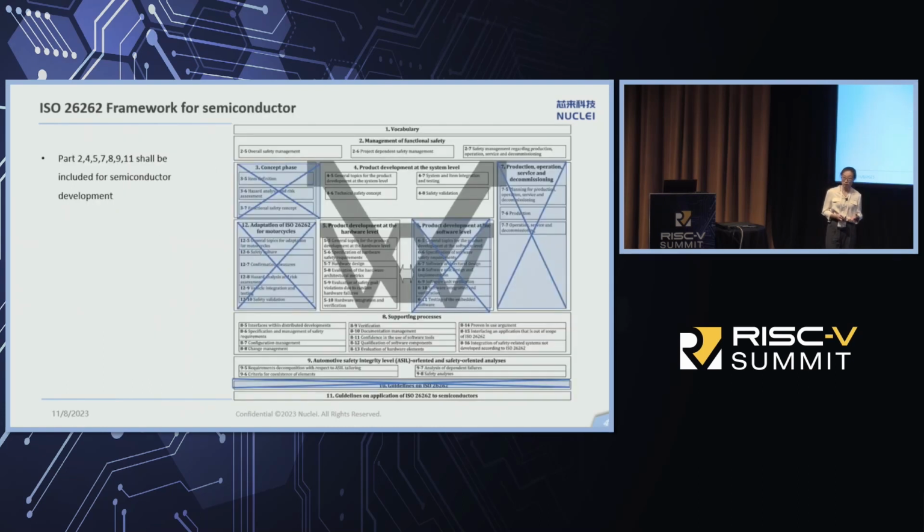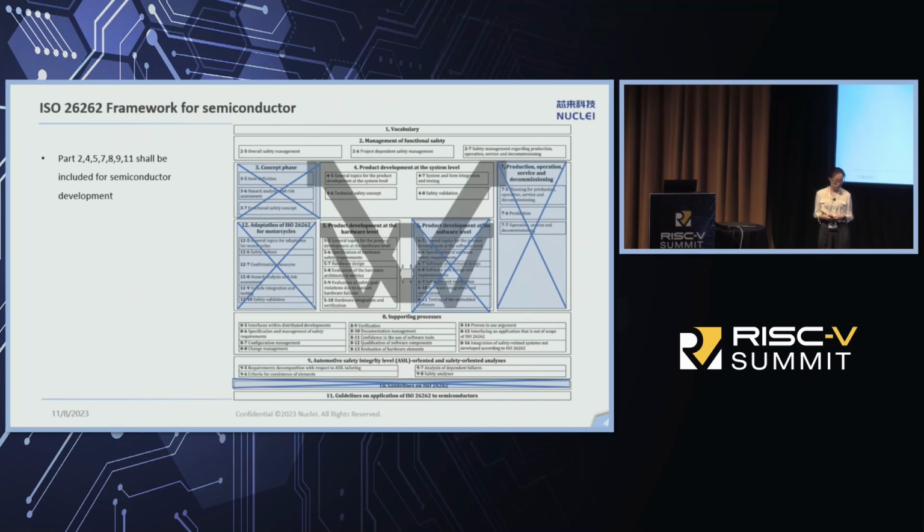This is the typical V model of the ISO 26262 framework. The big V relates to the system level, hardware level and software level, and these two small V models are really more for us, especially the small V on the left side, which is mostly on the hardware.